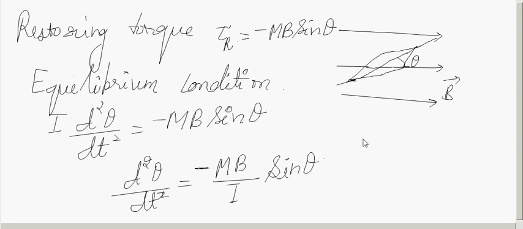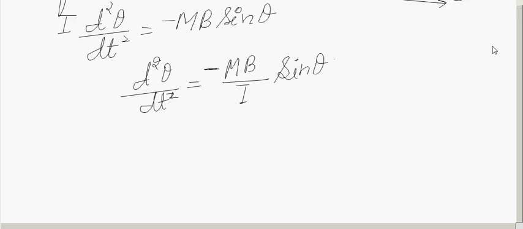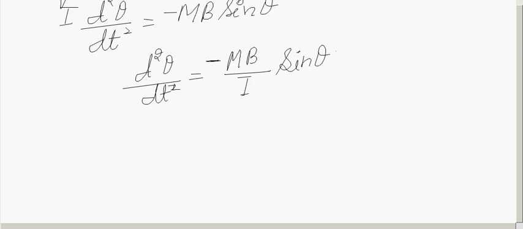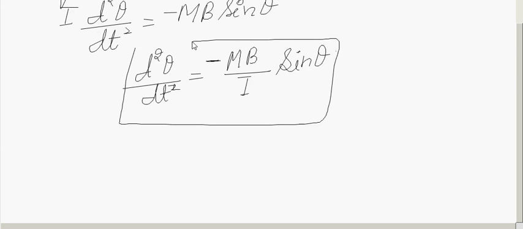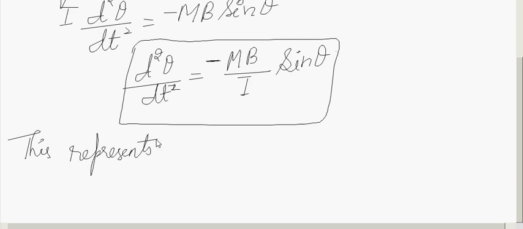Now this represents a simple harmonic motion, SHM. The square of the angular frequency, omega square, is mB by I.